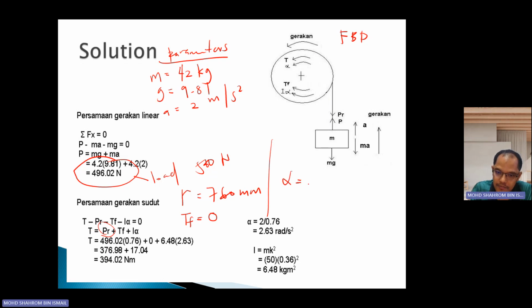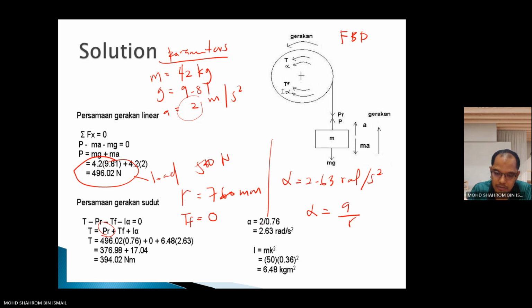Alpha we got 2.63 radian per second squared. How did we manage to get the formulation? The formula of alpha is acceleration over radius.